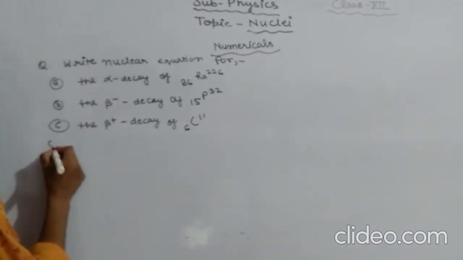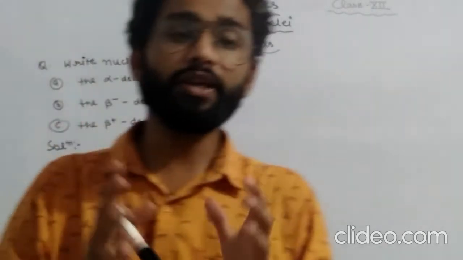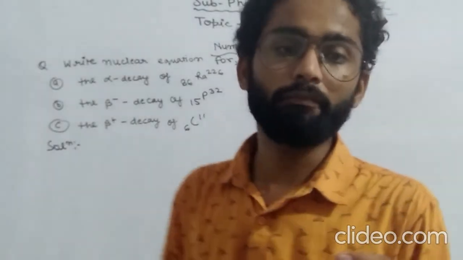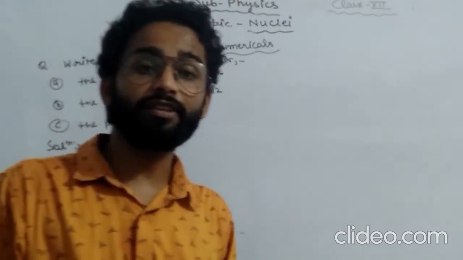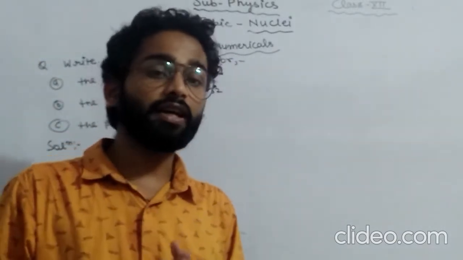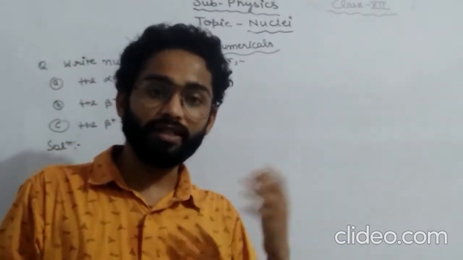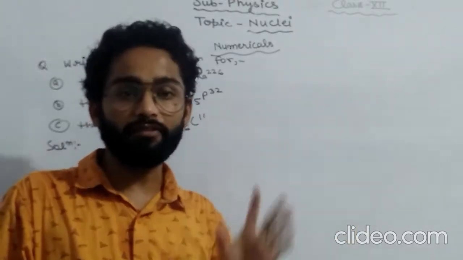Let me tell you before solving this that when a radioactive element releases an alpha particle, then the atomic number is decreased by 2 and atomic mass is decreased by 4.